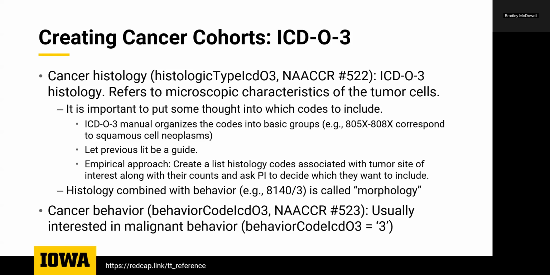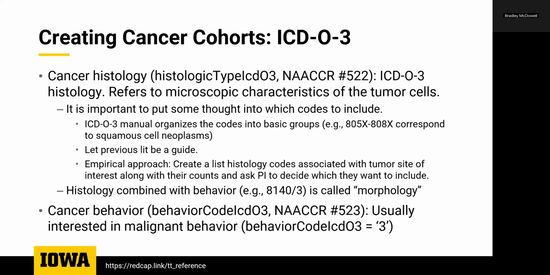So if you're working with an oncologist or a researcher and trying to develop case criteria for this person, it's often nice to work with them to get a model paper or two or three, some papers that provide some guidance for you on the decisions that you're making, and determine which histology codes they use for theirs. And so that also helps make your projects fit a little bit more into literature than if you just chose them de novo by yourself.